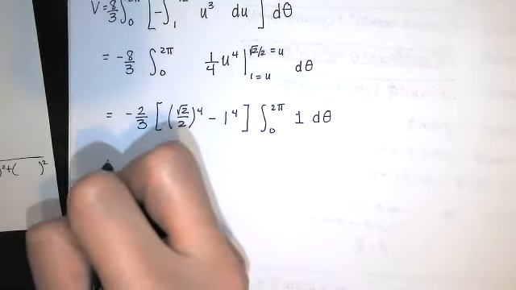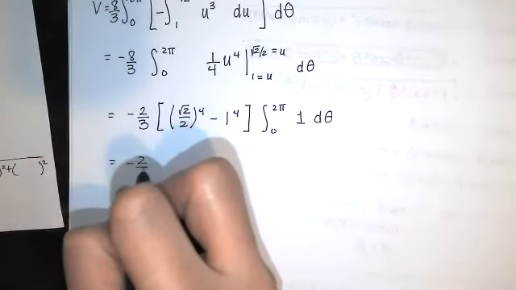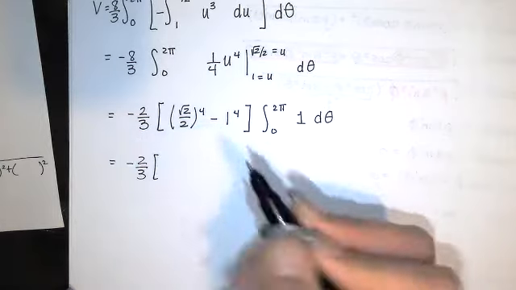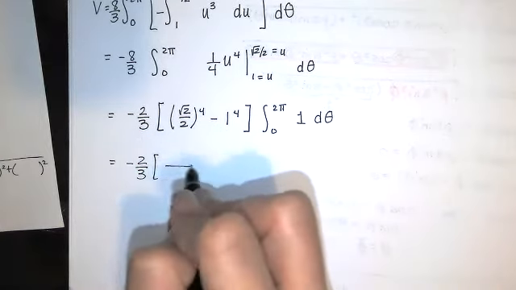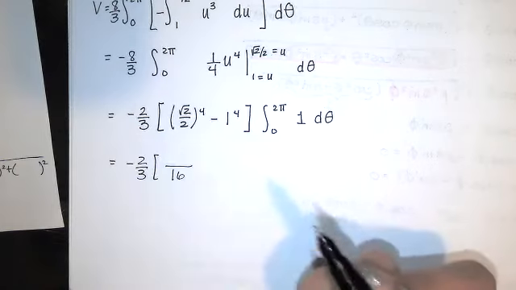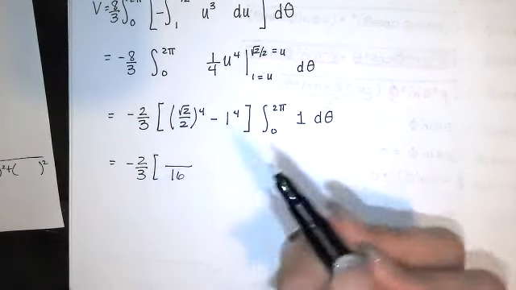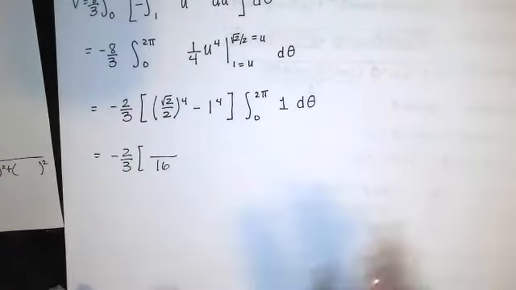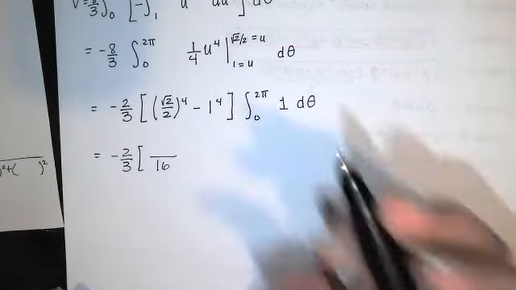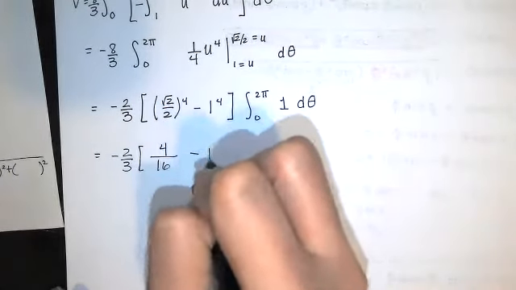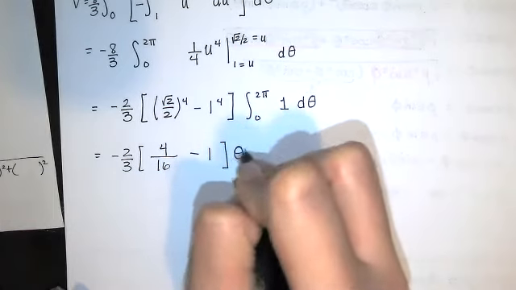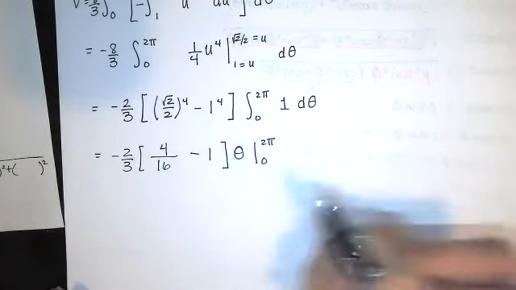The antiderivative of 1 is just theta. And we can do some arithmetic over here. 2 to the 4th in the denominator is 16. Square root of 2 to the 4th is square root of 2 times square root of 2, which is 2. 2 times 2 is 4. And then we're evaluating from 0 to 2 pi.